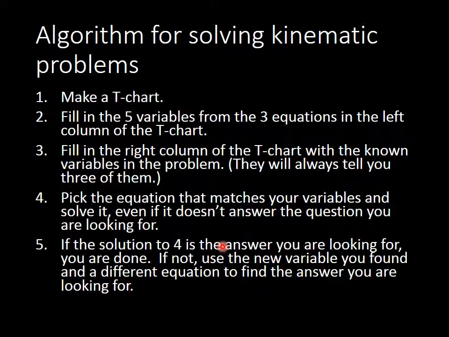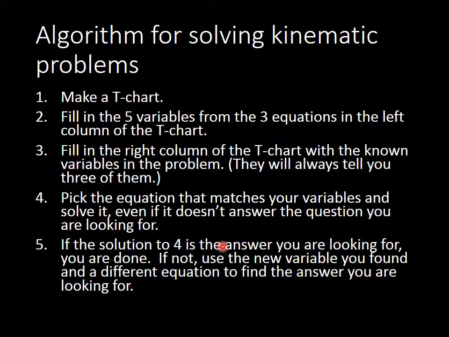Now, why would we do that? Because sometimes it takes two steps. Sometimes you're going to have to use two equations to find the answer you're looking for. So that brings us to number 5. When you're done solving that problem using the equation that you picked, if the solution to 4 is the answer you're looking for, then you're done. Great, only took one step.